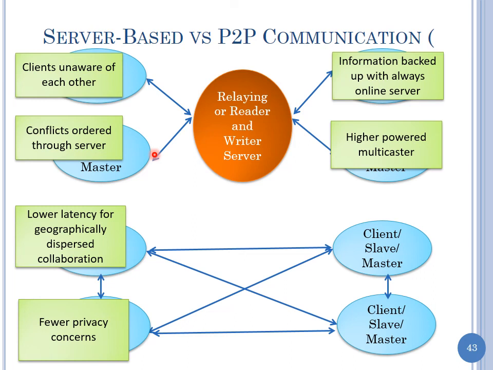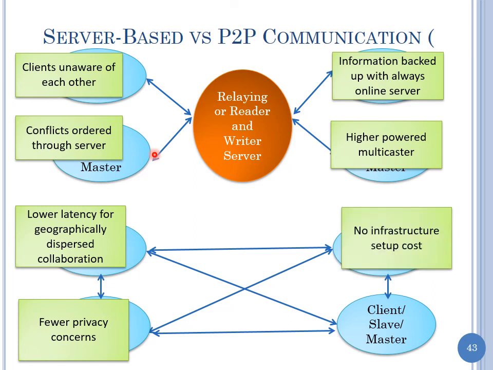Whereas with the P2P architecture, if the information is being kept only with you, then the problems are fewer. Now, you'd have a multicasting problem if you have to track everybody else who's come near you if you fall sick. But in general, P2P has fewer privacy concerns because you're not giving information to a server.